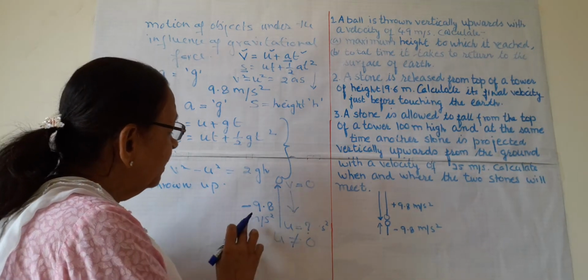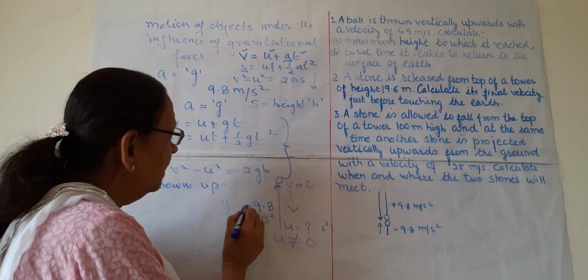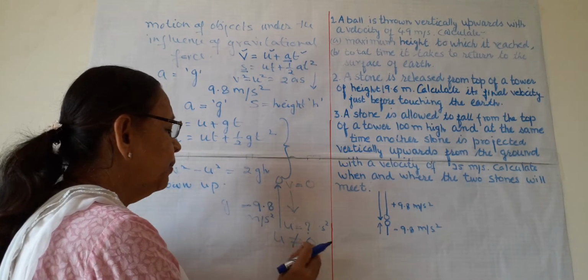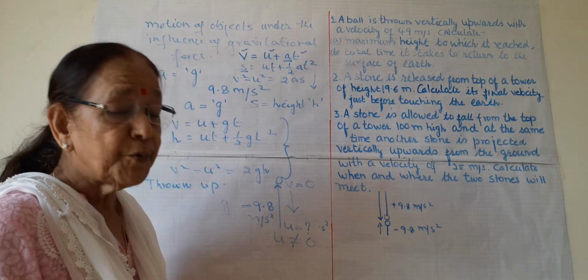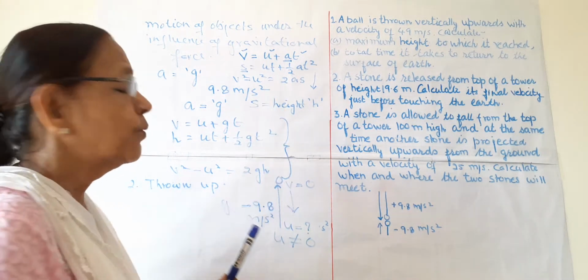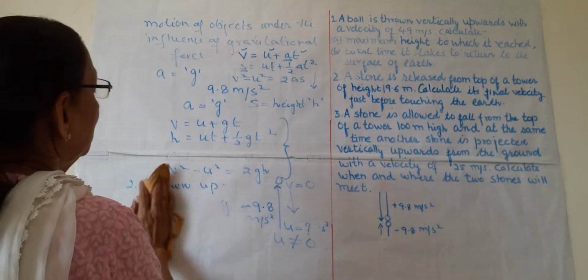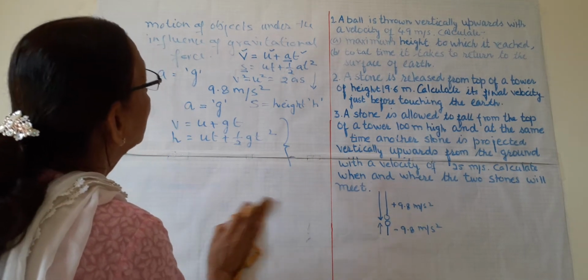That's why g should be taken as minus, v should be taken as 0, and u is not 0. These 2-3 points we have to keep in mind before solving these numericals. Now we will see these numericals one by one.